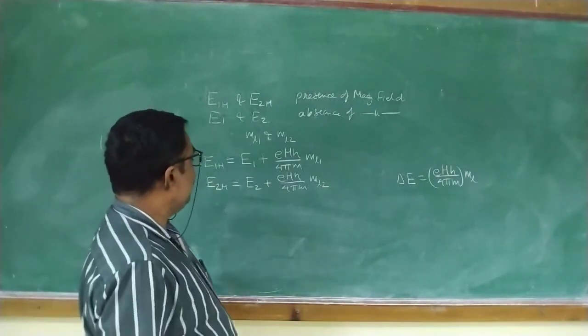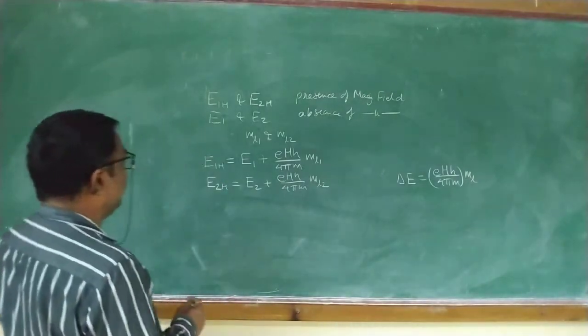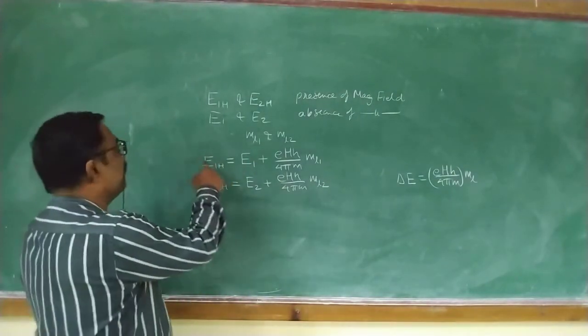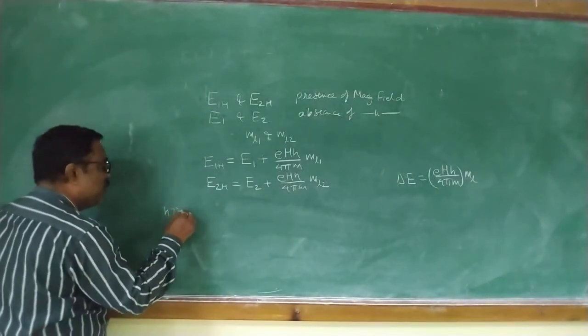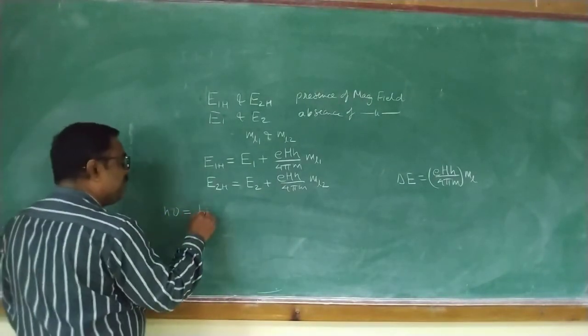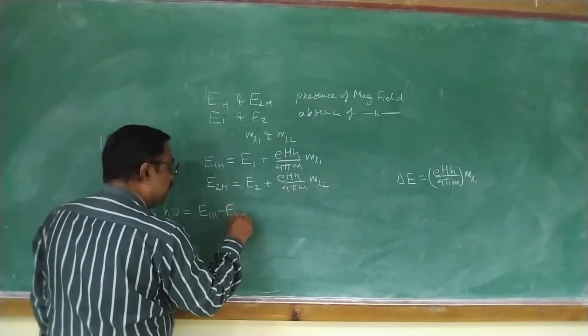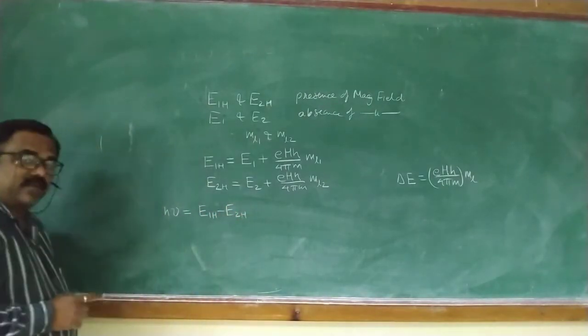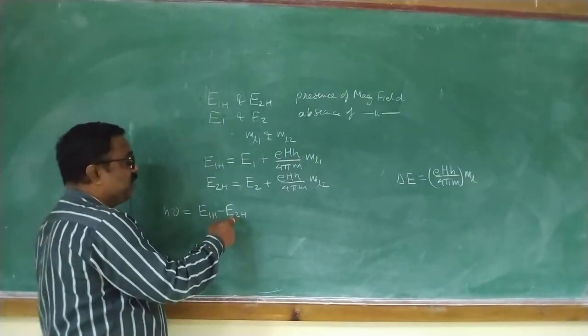Now the frequency of radiation emitted, from the energy difference between the two: h nu will be equal to E1H minus E2H.